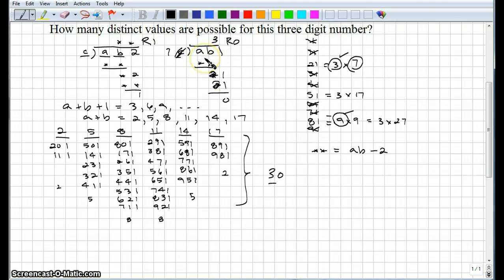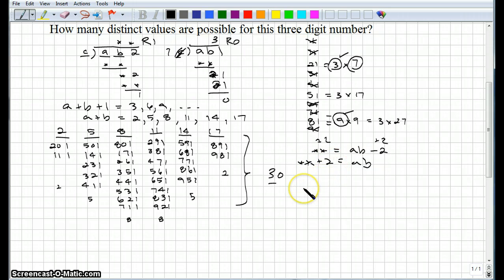Okay? So, let's look at the multiples of 7, and then actually, if we just add 2 to both sides, then AB has to be equal to a multiple of 7 plus 2.